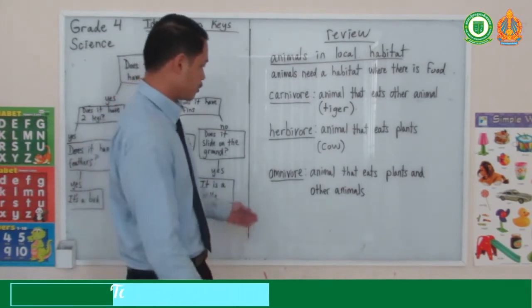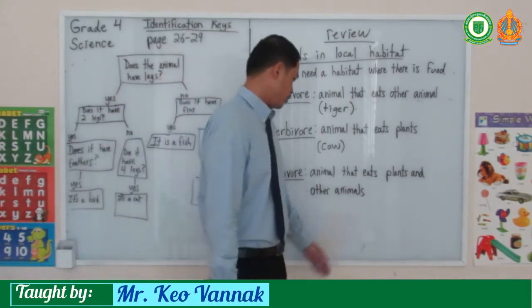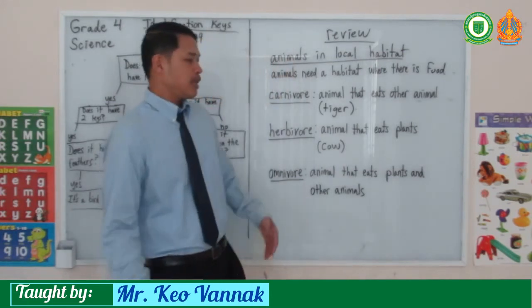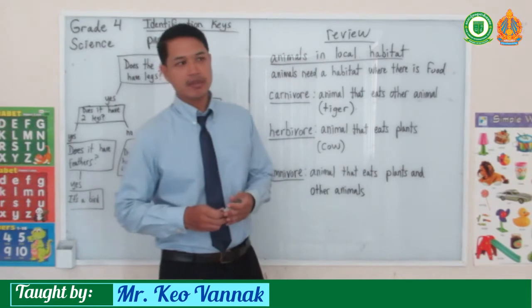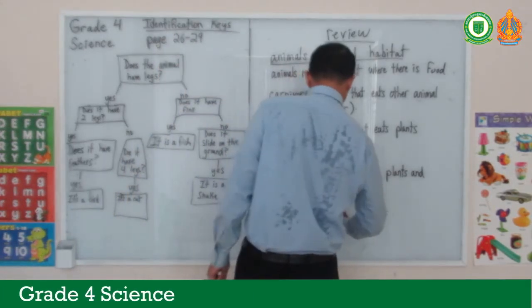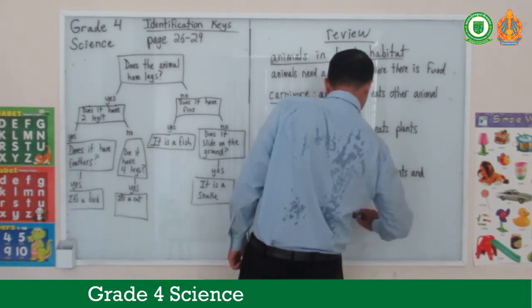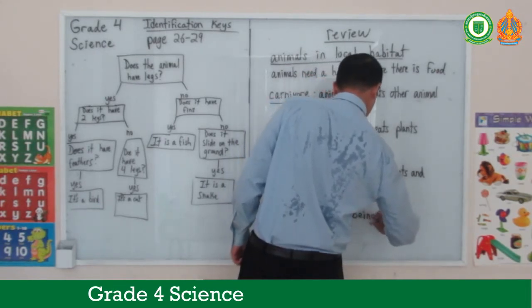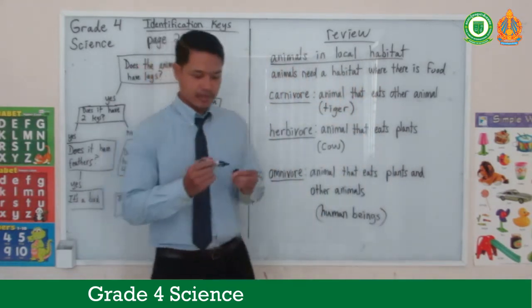Next is omnivore. An omnivore is an animal that eats plants and other animals. An example would be human beings, us people.